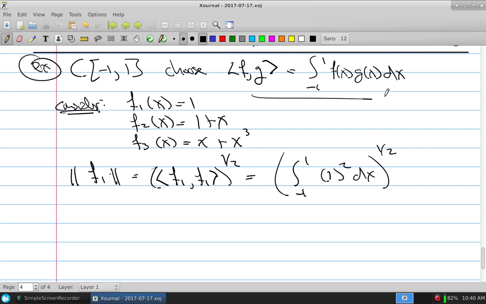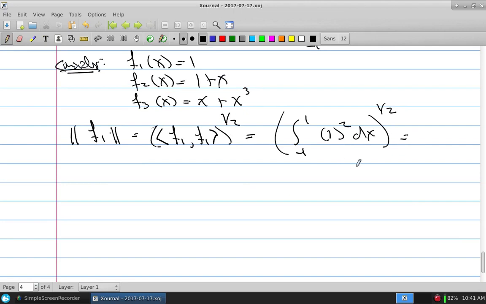Literally just use this as you see it. What's 1 squared? What's the integral of 1? Wait, let me get this wrong. No, I can't do it. Square root 2.